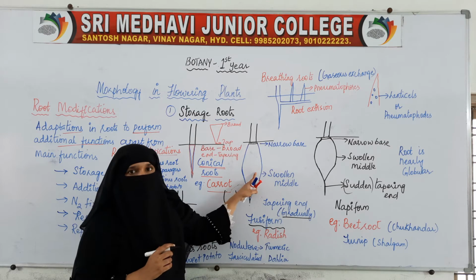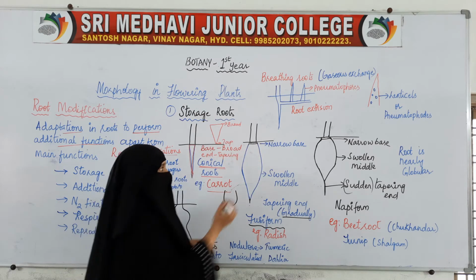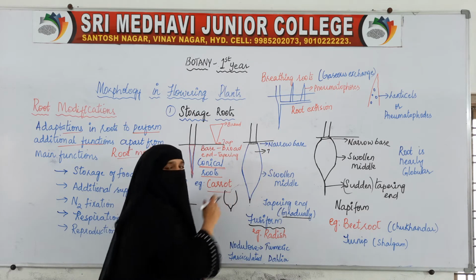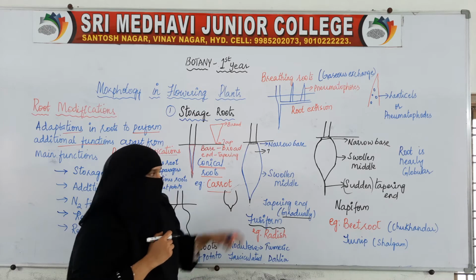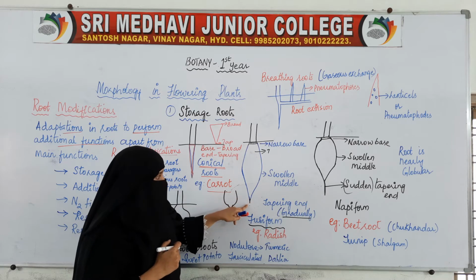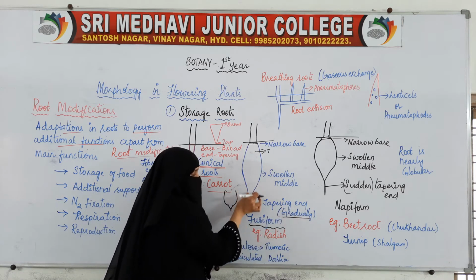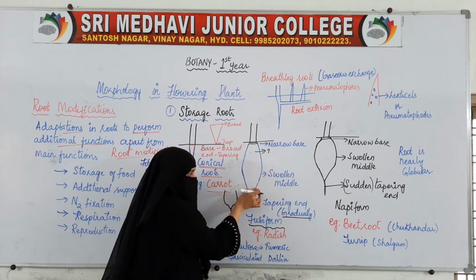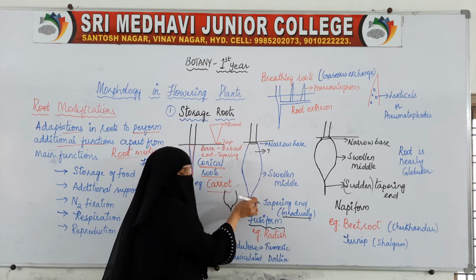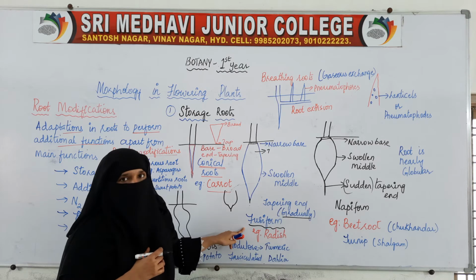So this shape, in which the base is narrow, the end is tapering, and the middle is swollen, with the tapering gradual and slowly narrowing, is called fusiform shape.